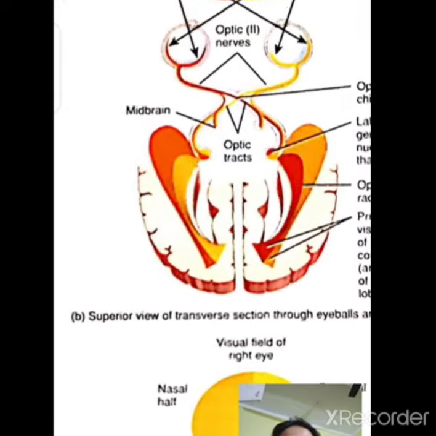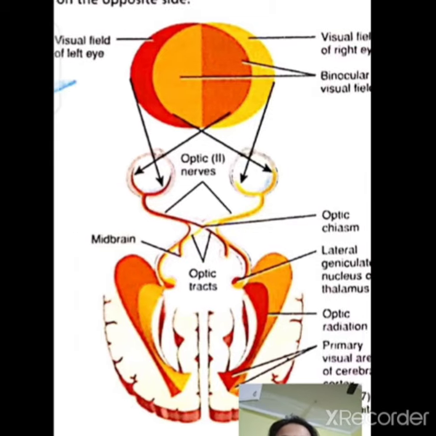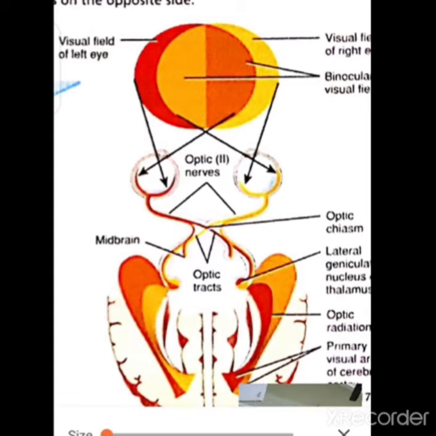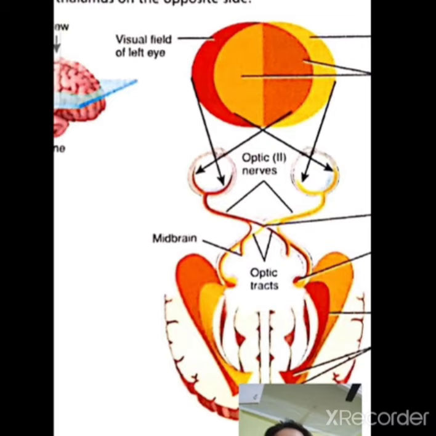You can understand this better. See, this is the visual field of the right eye, and this is the visual field of the left eye.